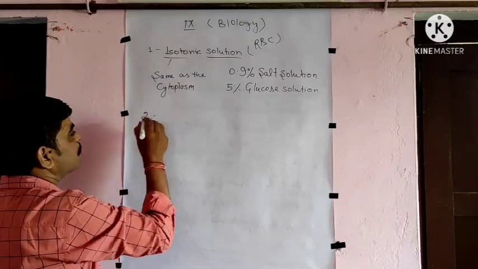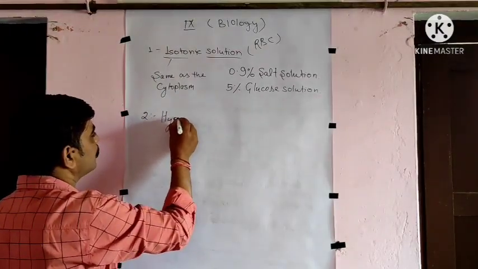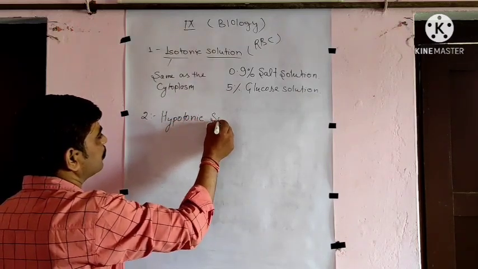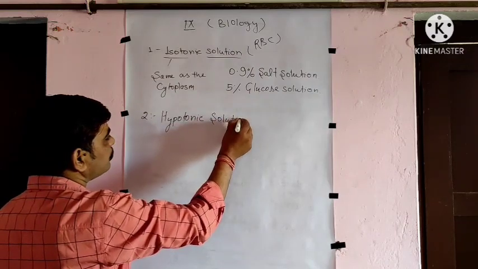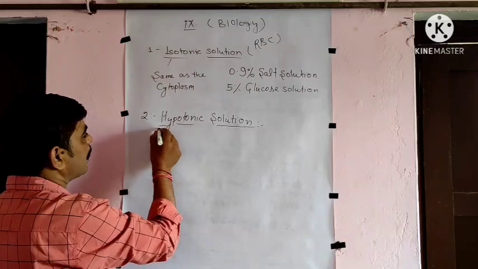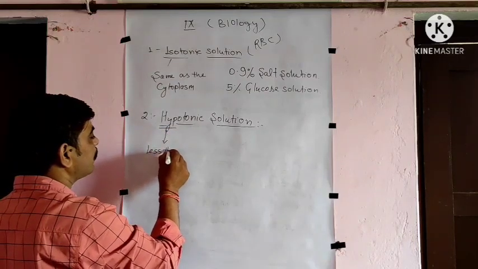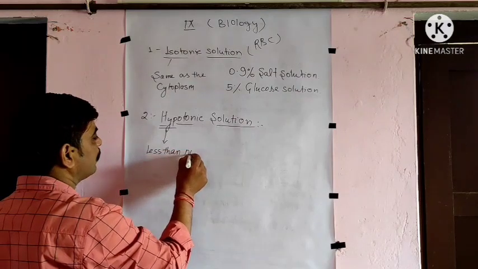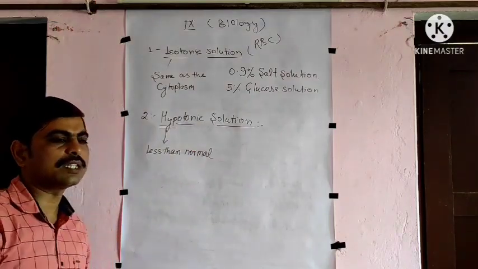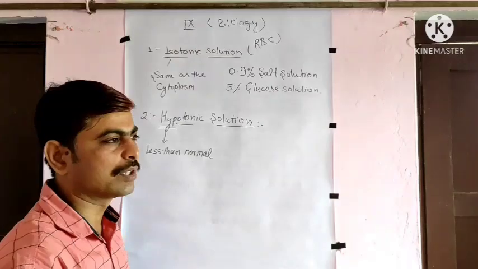The second type of solution is called the hypotonic solution. The word hypo means less than normal. What are we considering normal? That is the cytoplasm inside the animal cell.